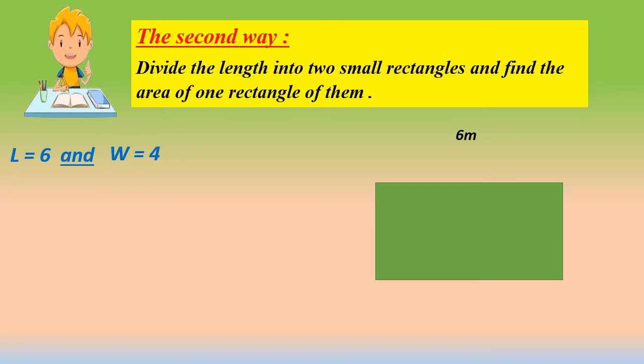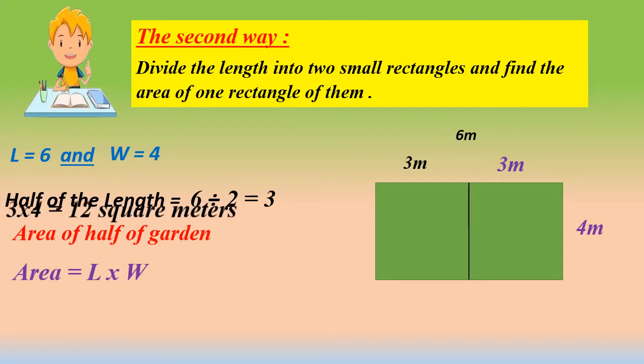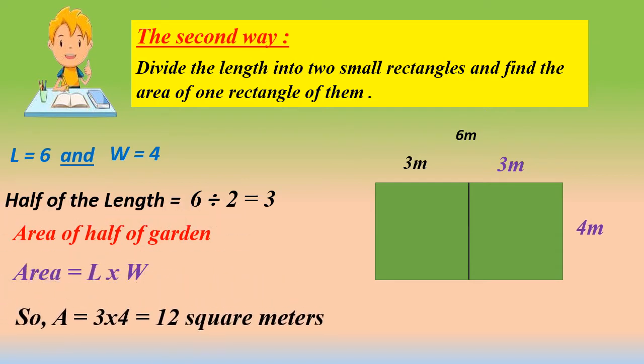So 6 divided by 2, half of the length equals 3. So each one here will be 3 meters and 3 meters. The area equals length times width. The area of the half of the garden will be 3 times 4 equals 12 square meters.